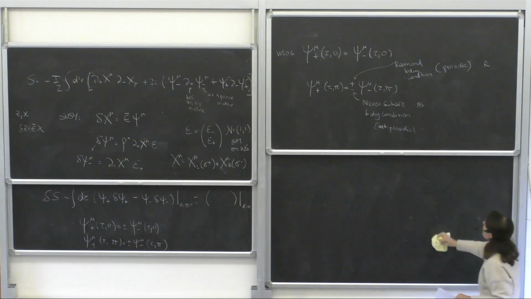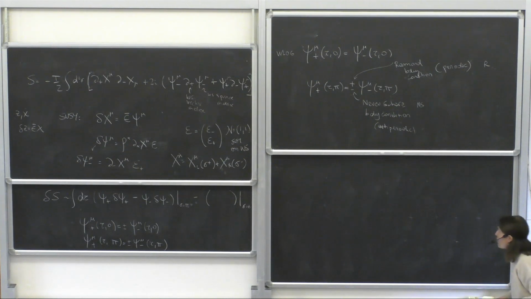So what's the difference? If you have periodic boundary conditions, the modes of the expansion are integer, while if you have anti-periodic boundary conditions, the modes are half integer.